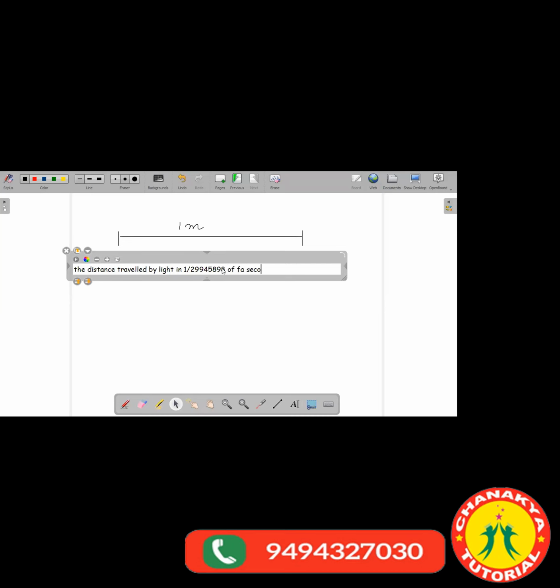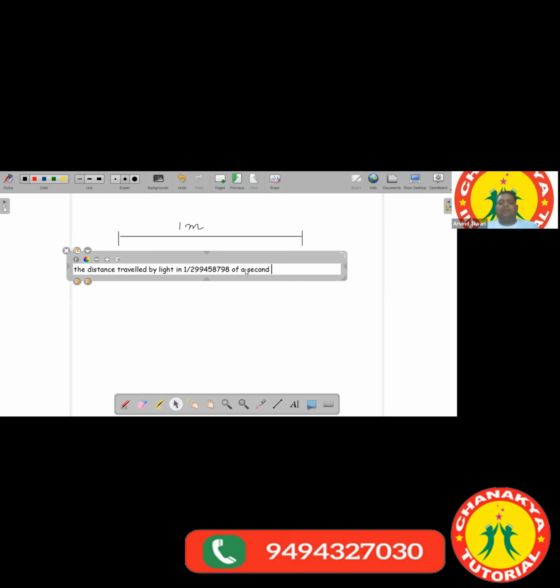So the quantity in the denominator is the speed of light.